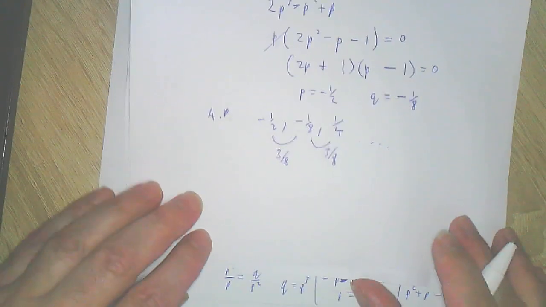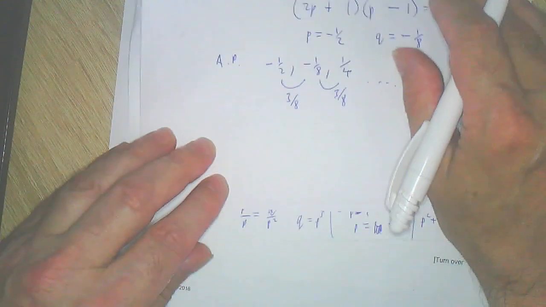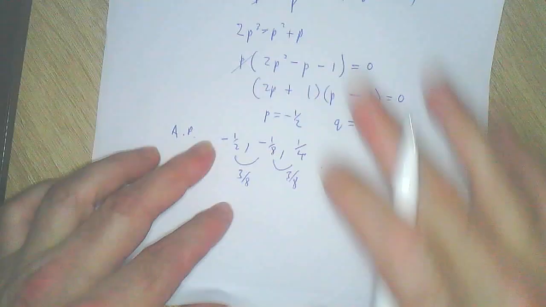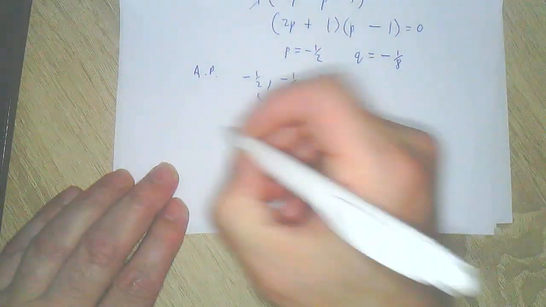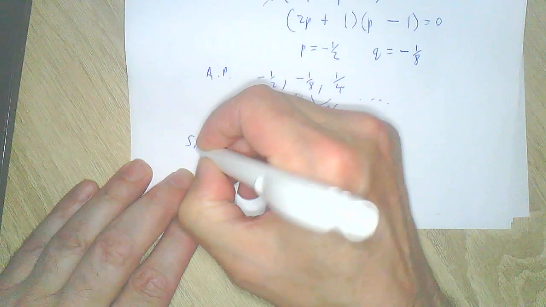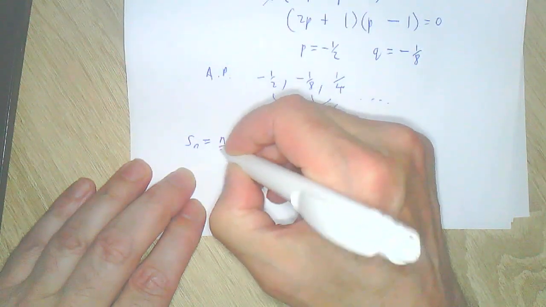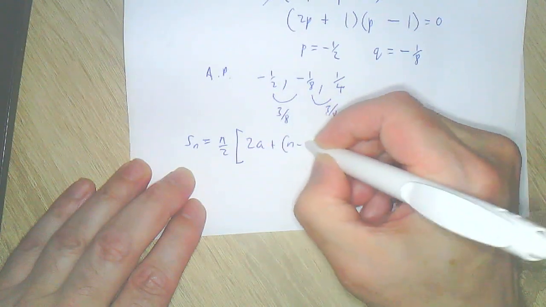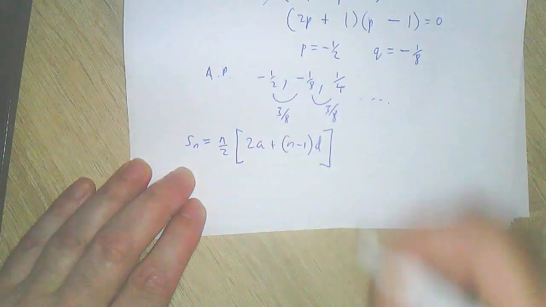So now we need to remember the formula for the sum of the first n terms, which is Sn equals n over 2 brackets 2a plus n minus 1 times the difference.